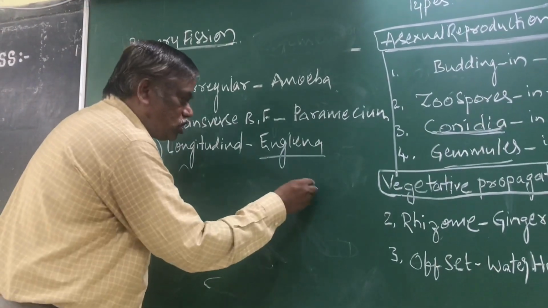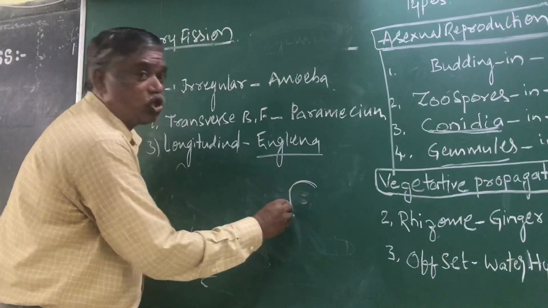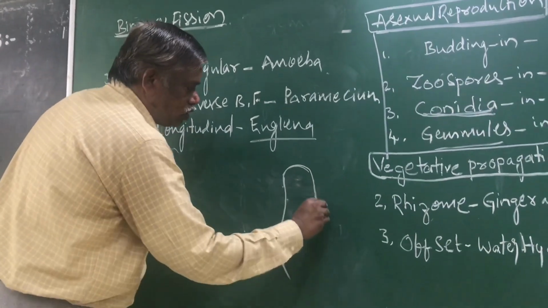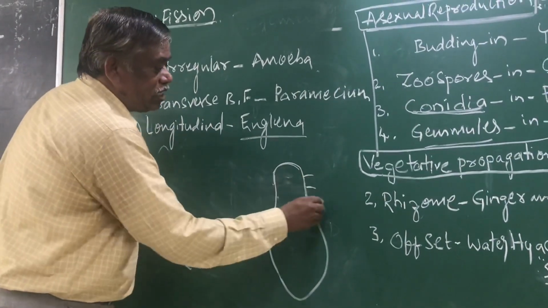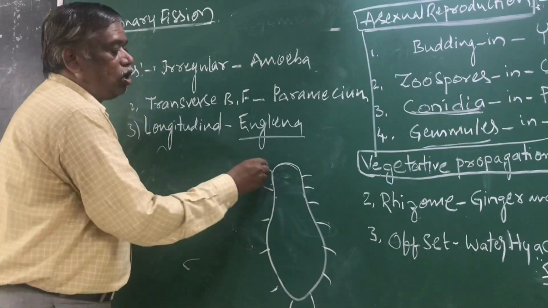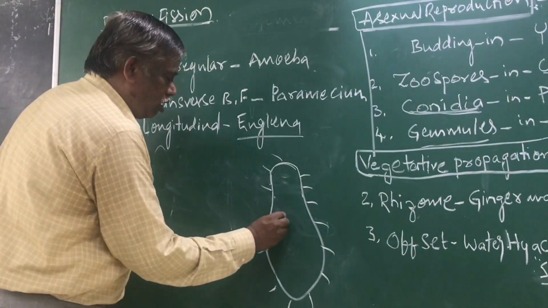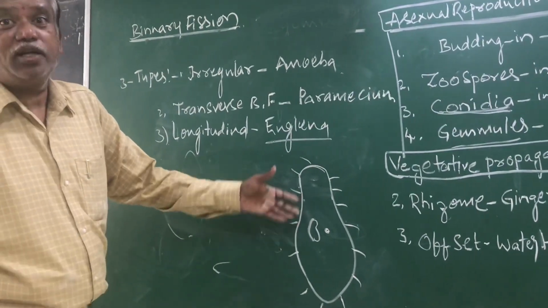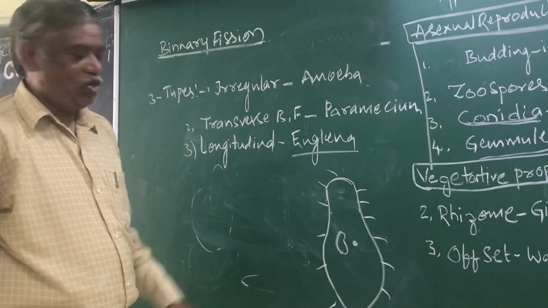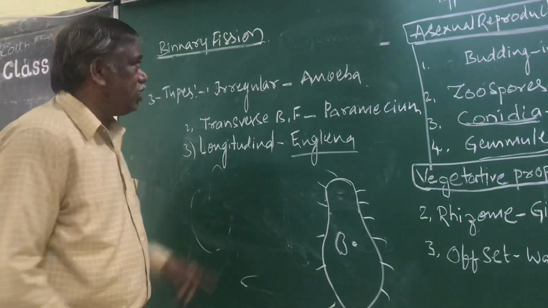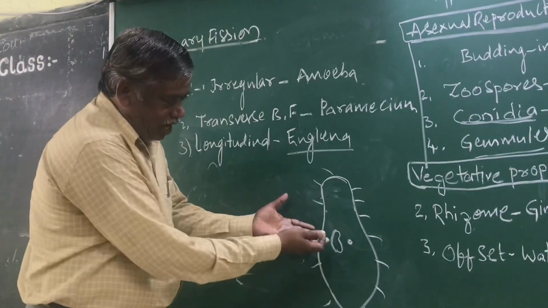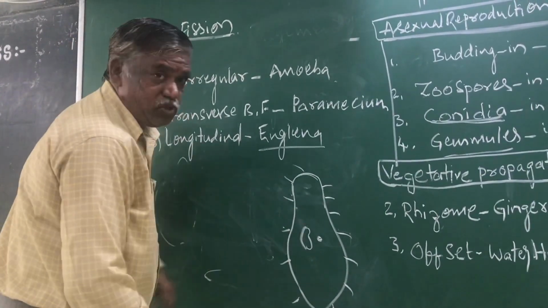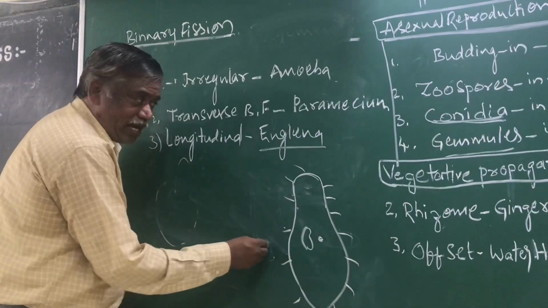Suppose you take the slipper-shaped animal, that is paramecium. It has cilia and is binucleated, with a macronucleus and a micronucleus. It is a unicellular freshwater ciliate called paramecium. During favorable conditions, it undergoes binary fission. According to the observation, it is divisible into two by this angle or this angle. One part contains the macronucleus, another contains the micronucleus.